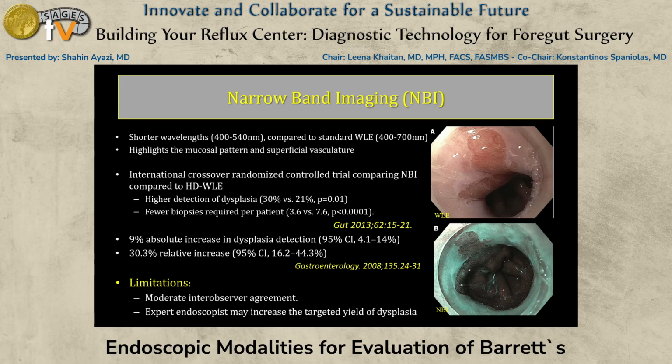And again, there are several studies, including the one in Gut in 2013, that showed use of NBI results in higher detection of dysplasia, 30% versus 20%, but with fewer biopsies. Other studies have shown a 9% absolute increase in dysplasia detection, and a 30% relative increase.